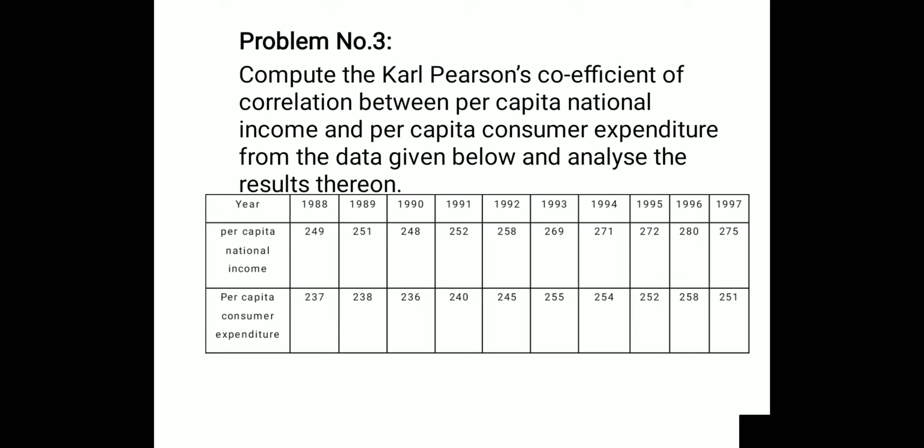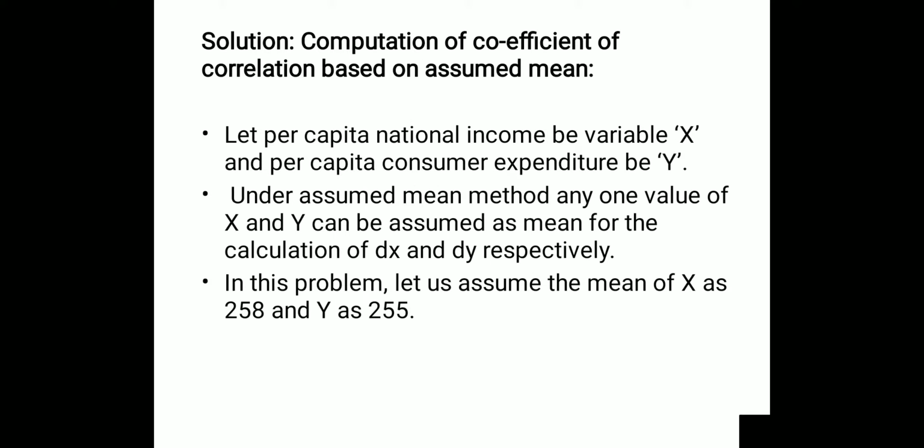So let us assume per capita national income as X and per capita consumer expenditure as Y. As I said in the previous theory classes, under the assumed mean method, any one value of X and Y can be assumed as the mean for the calculation of deviations from X and Y. So to calculate dx and dy, we need mean values.